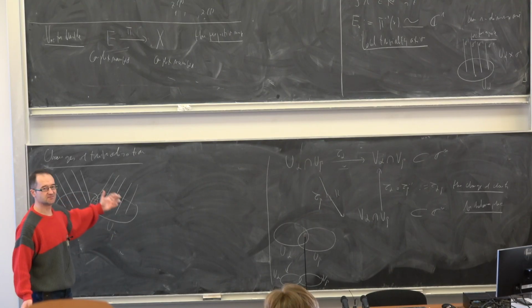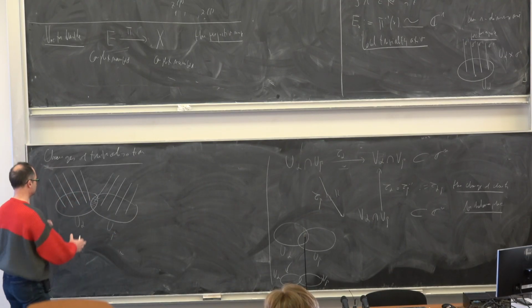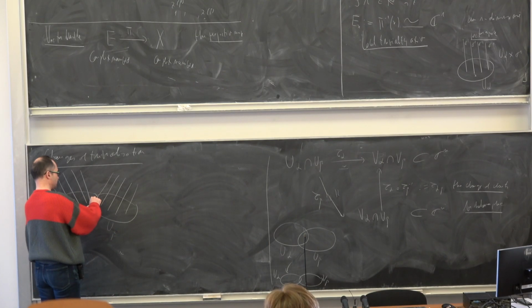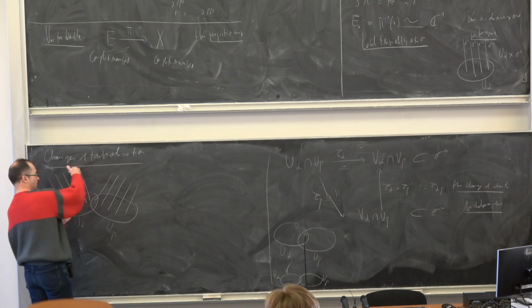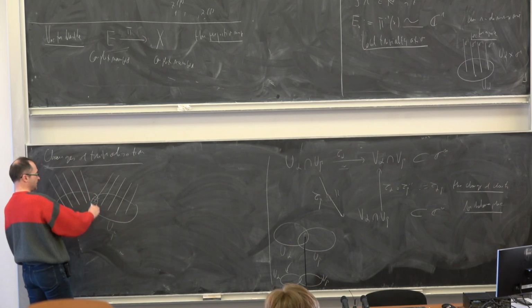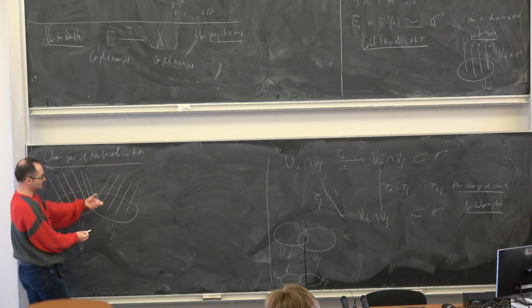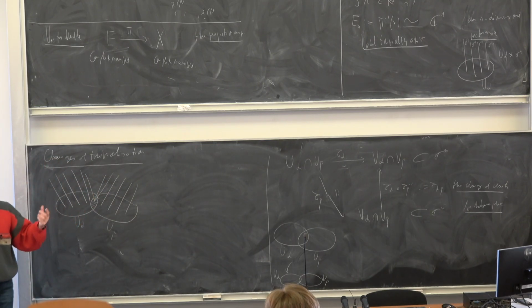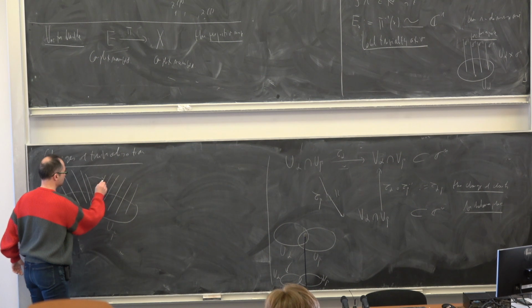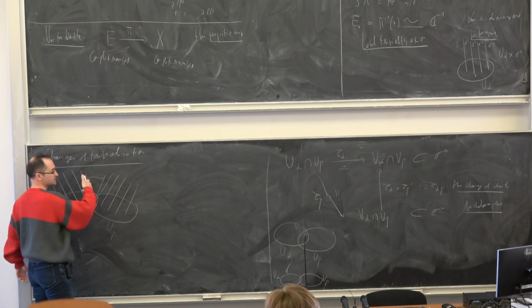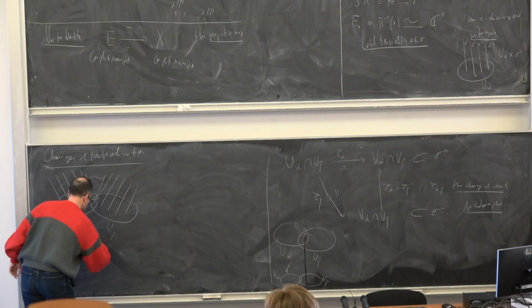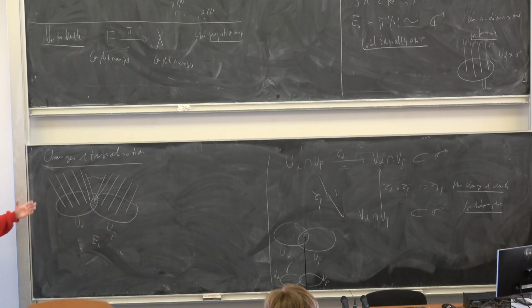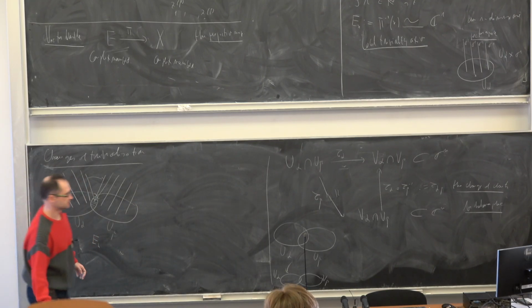The trivialization can be seen as a point of view. If I look at the fibers above points here in the intersection, from the point of view given by the trivialization U_alpha, the fiber looks like this. But from the point of view given by the other trivialization, it looks like this. But as an abstract object, it is the same fiber. So we have to explain how we go from one incarnation of the fiber in one trivialization to another incarnation of the same fiber, E_x, which is an abstract object independent of the choice of trivialization.